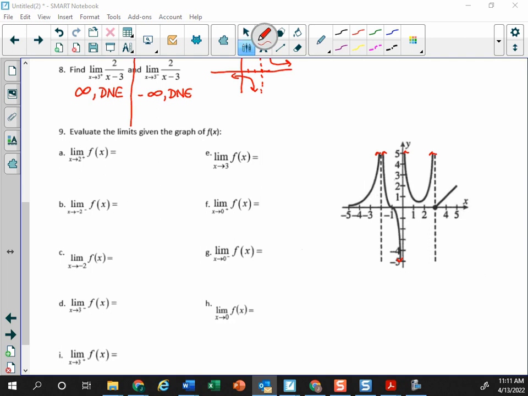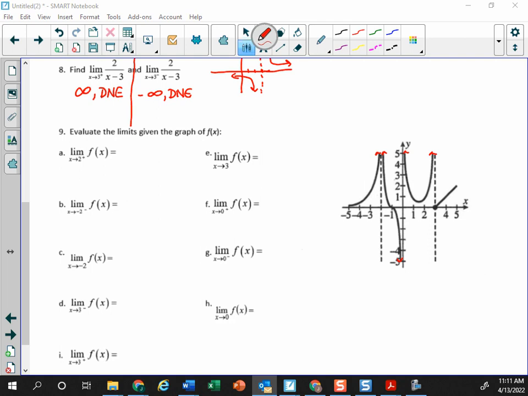Yeah, it's kind of weird. And then for G and H, zero from the left. Oh, and then for the right, it's infinity. The normal one is doesn't exist.